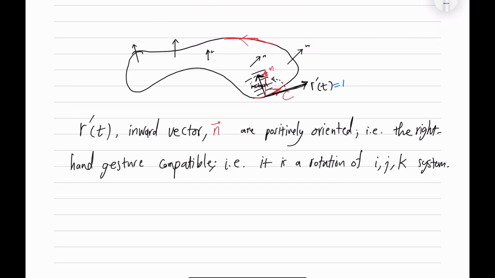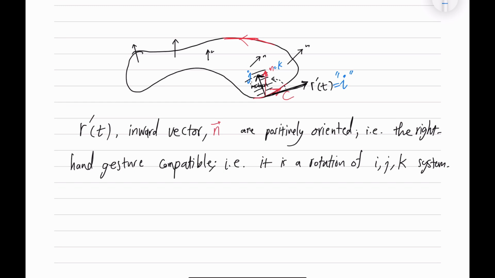If this is like your i, of course in quotation marks, this is your j, and then this is your k, then you see that the right hand gesture holds. And as you can see, if in this very picture either we negate the n, we look at the opposite of it, or we negate the orientation of C, we will be in trouble. The right hand gesture will not work. However, if we do both of them, we are still good.